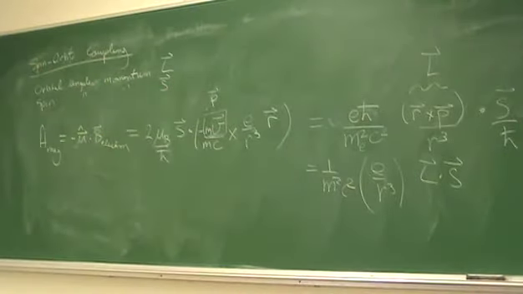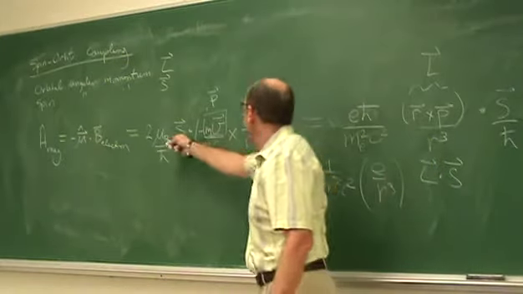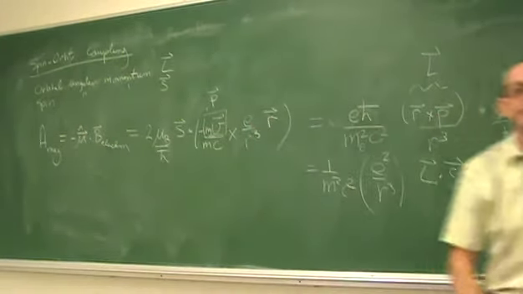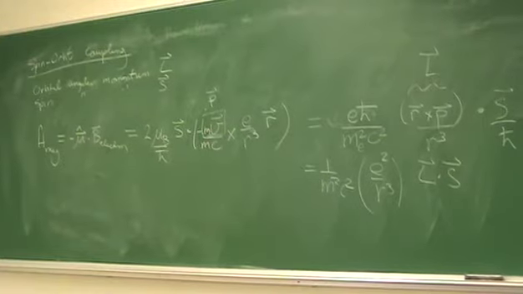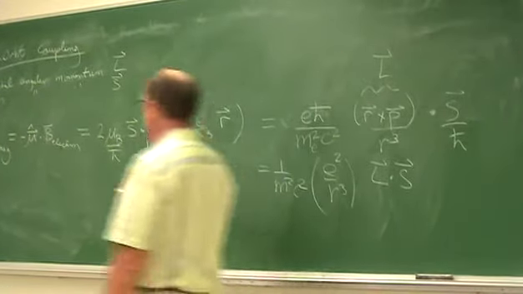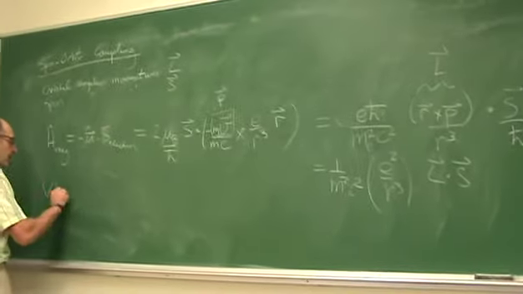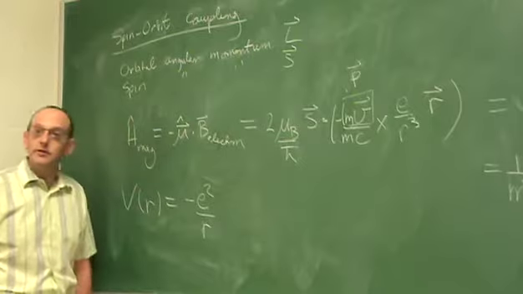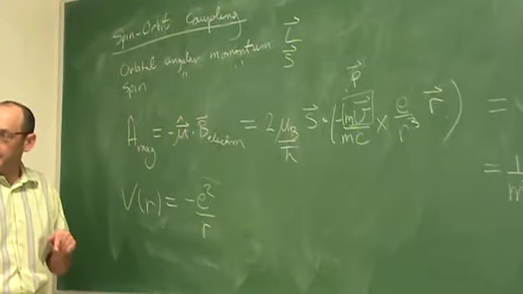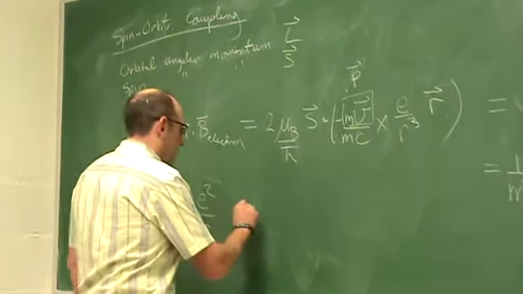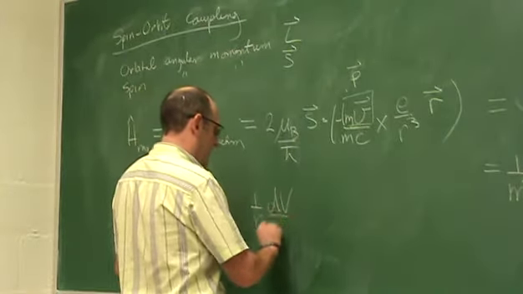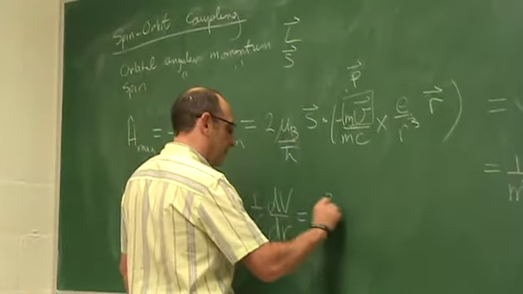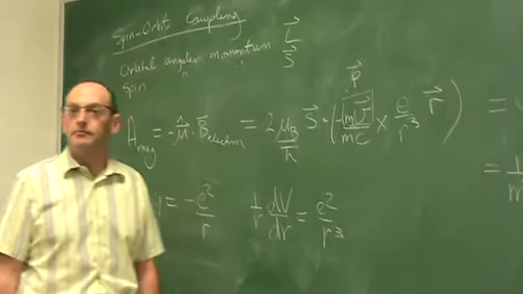I lost the e here. There's an e over here and an e over here, it should be e squared. So, if my potential energy is minus e squared over r, right? The charge of the electron times the potential. Then 1 over r is equal to e squared over Q. Okay?